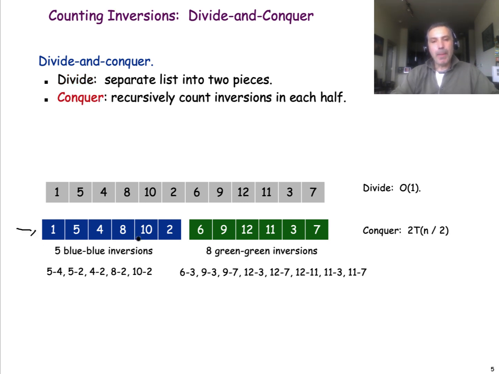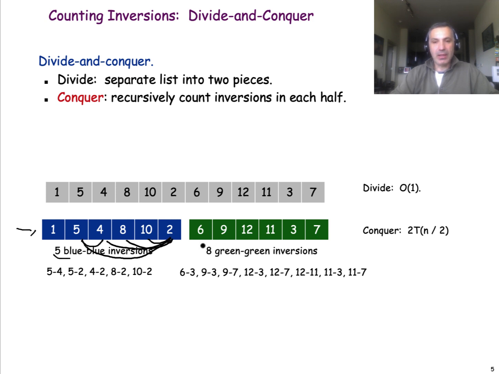So imagine that this function that can solve this problem recursively gives me that for the blue array I have 5 inversions. Which are these inversions? They are between 5 and 4, 5 and 2, 4 and 2, 8 and 2, and 10 and 2.